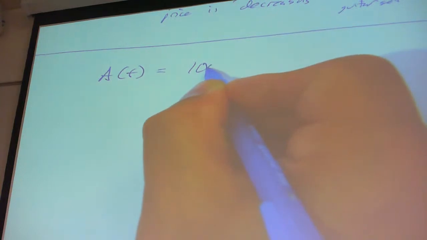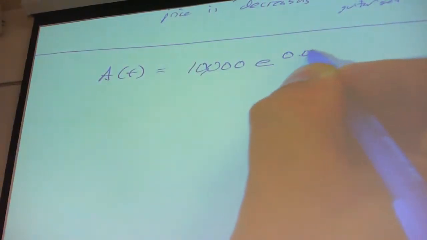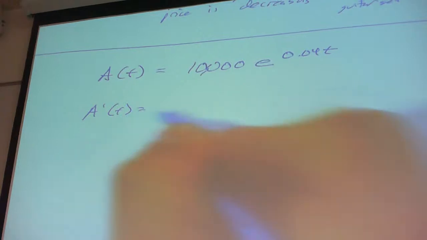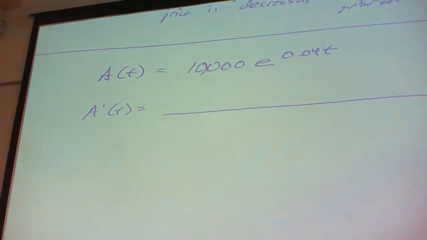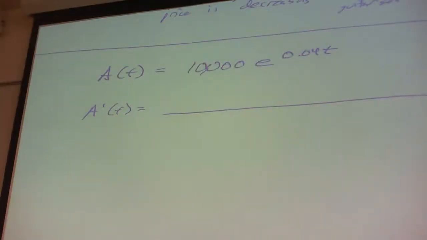Your account equals 10,000 e to the 0.04t. We're going to find the derivative, and then we're going to plug in 2 years. So let's do this together.